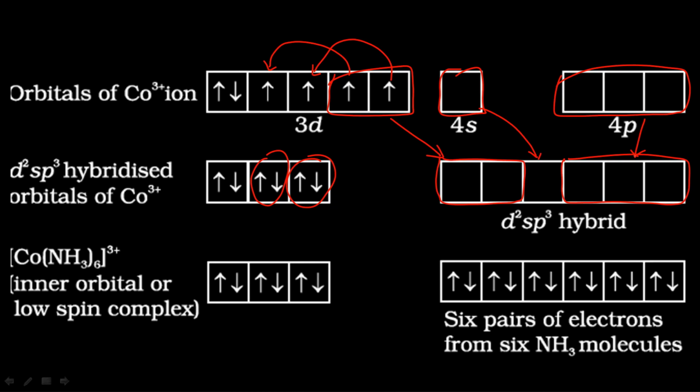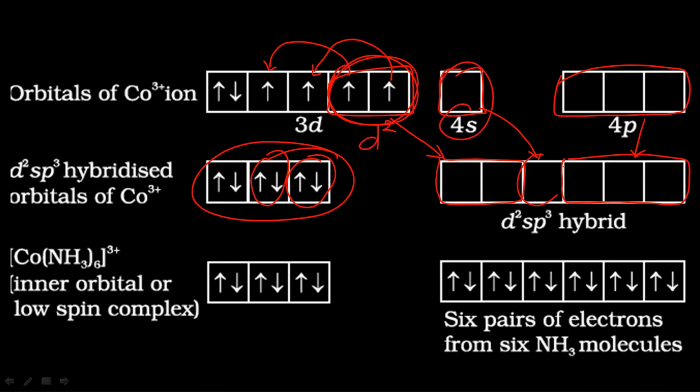It cannot accept electrons if electrons are already in the orbital, so the orbital must be empty. And we need as many orbitals as ligands. I have 6 ligands, so after pairing has taken place, I need 6 next orbitals: 2 from here, d2, this s, and this p3. So the hybridization will be d2sp3. Did you get how we got the hybridization?